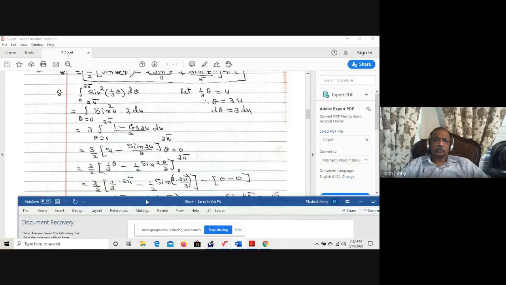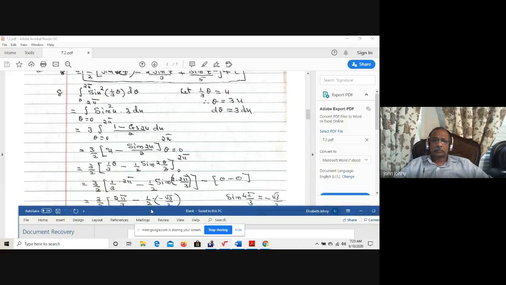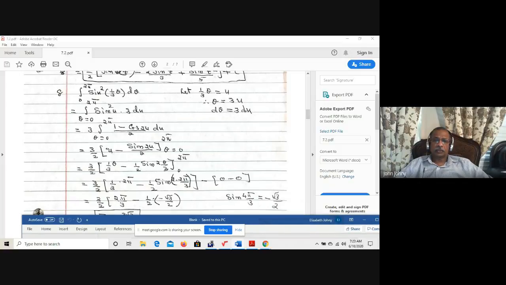Now substitute the limit: 3 over 2 times 1/3 times 2 pi upper limit minus 1/2 times sine 2 times 2 pi over 3, minus, when you substitute the lower limit, that is a 0. So simplify, that is 3 over 2 times 2 pi over 3 minus 1/2 times sine of 4 pi over 3.